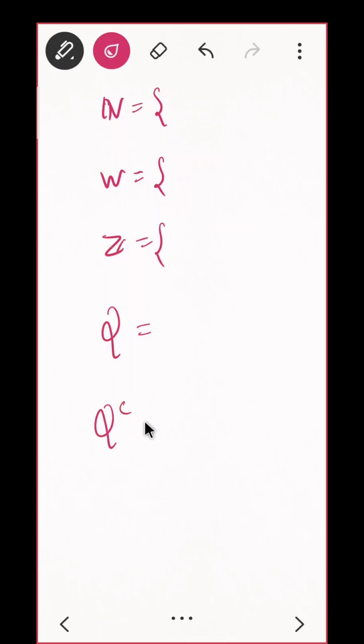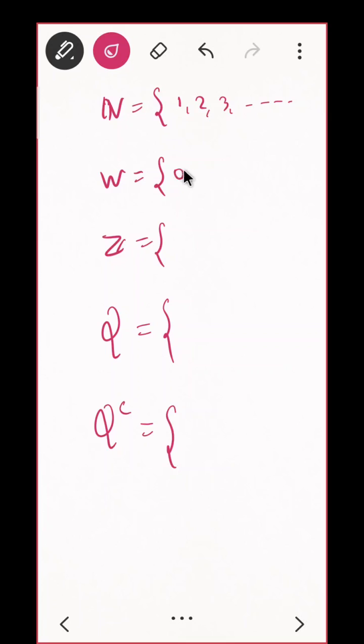What is natural number? What is whole number? What is integer? What next? Rationals. And what is irrational? Natural numbers start from 1, 2, 3.